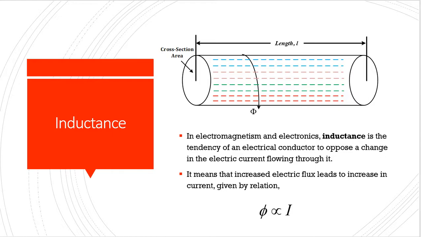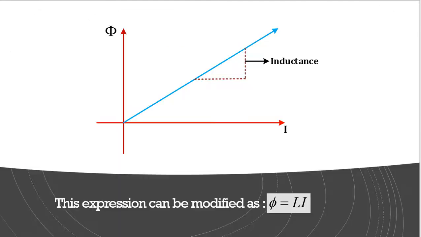By considering this, we can say that the resultant line will be a straight one. How? As we increase the electric flux, the current will also increase. Here we have taken the current on the x-axis because it is an independent quantity, whereas the electric flux changes when the electric lines of forces are changing.